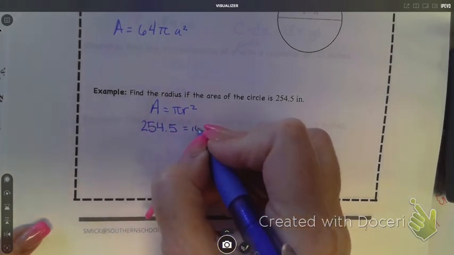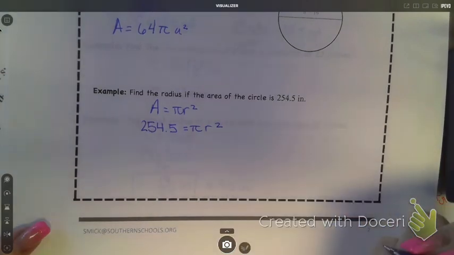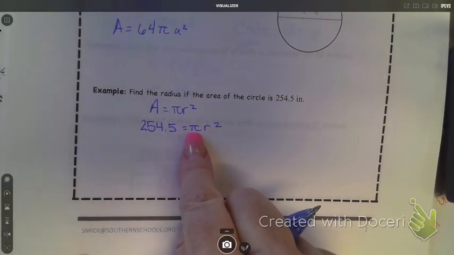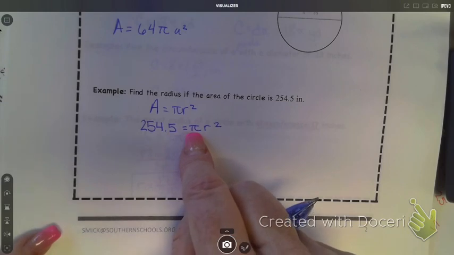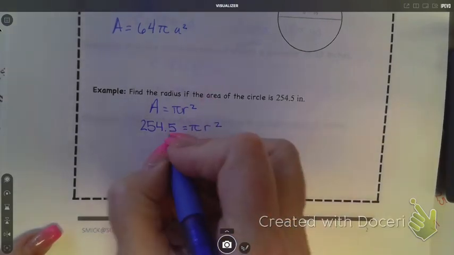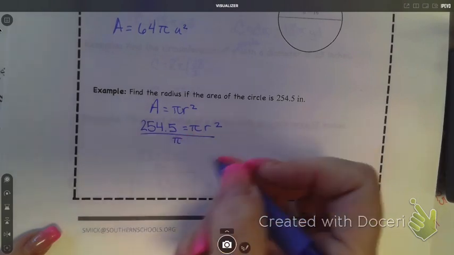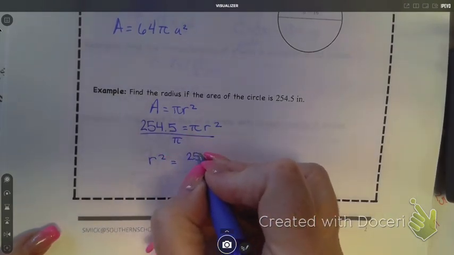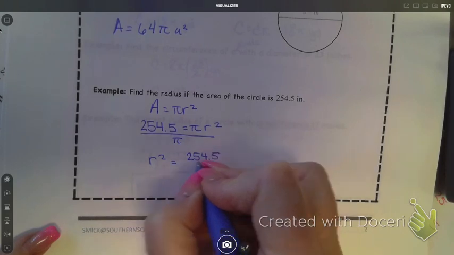Equals pi r squared. Well then, probably got to divide by pi, don't I? Yeah? And I'm not asking you to do the math, just divide it. So r squared equals 254.5 over pi.